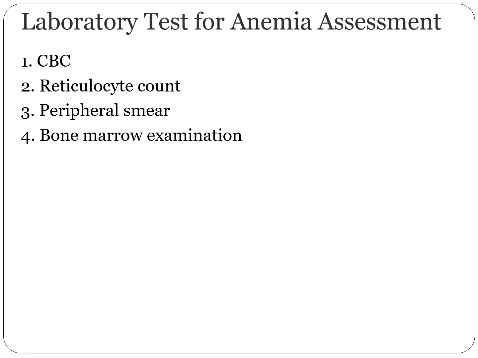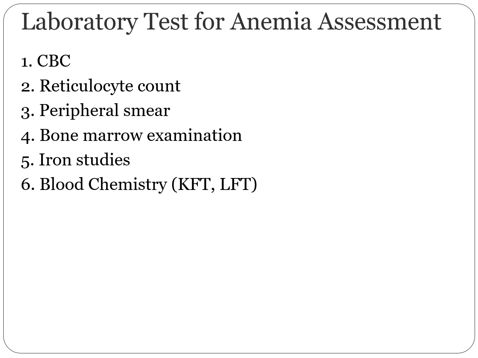So the bone marrow examination, when the cause cannot be determined, we can perform the bone marrow examination. Iron studies that include serum ferritin, serum iron, and we have also the TIBC, or the total iron binding capacity. Blood chemistry that includes kidney function test and the liver function test.